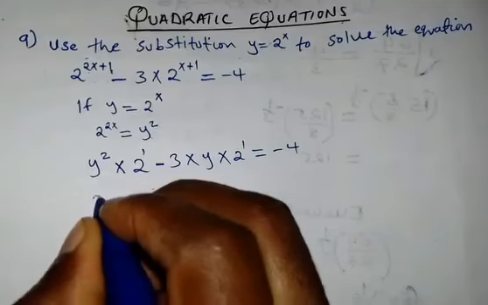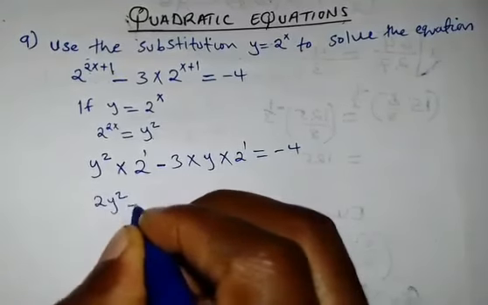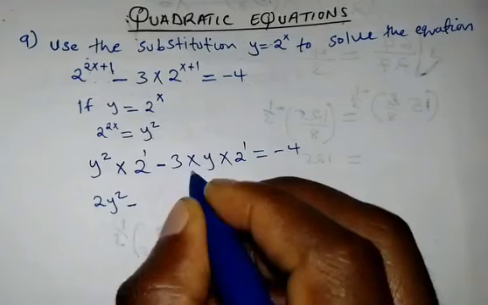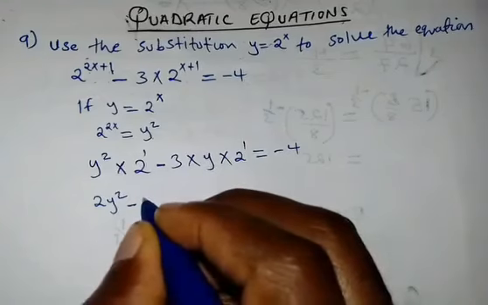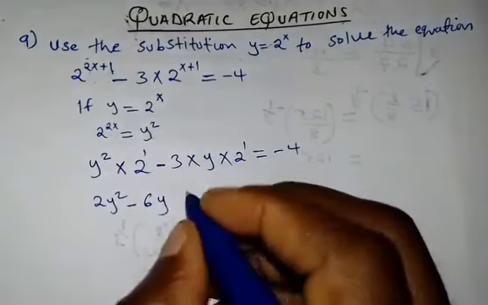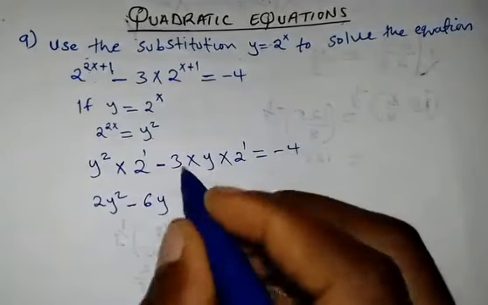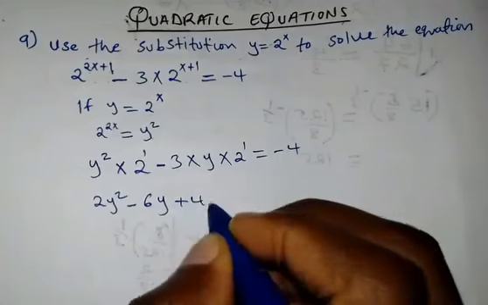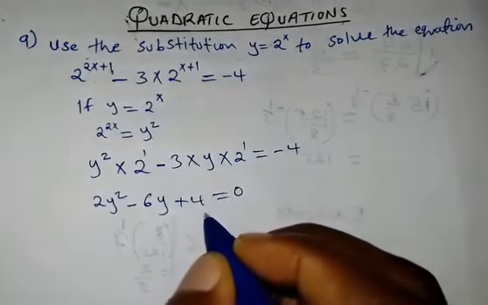So this gives us 2y squared minus 6y. Let us now bring this to the other side, plus 4 should give us 0.